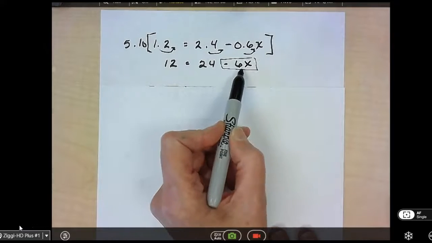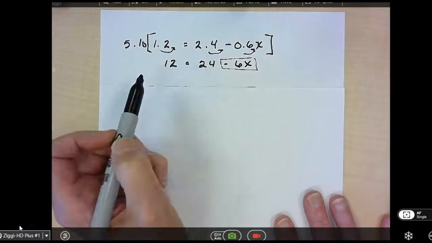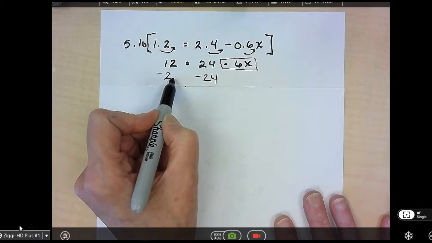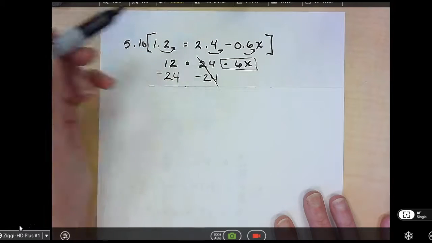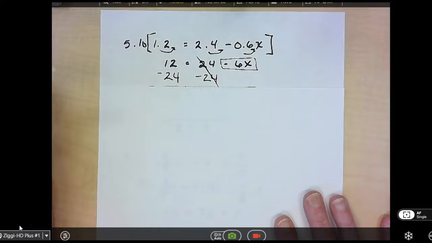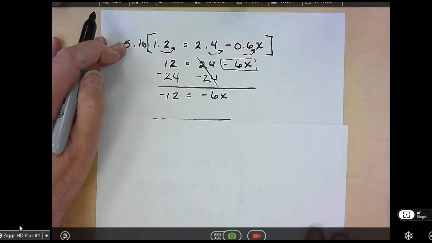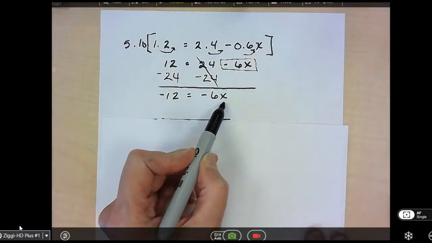It is negative 6x, or minus 6x. So I have to get rid of a positive 24, so I subtract 24, subtract 24. 24 minus 24 is 0, so on the right side I have minus 6x. 12 minus 24 is negative 12, so I bring down negative 12 equals negative 6x.